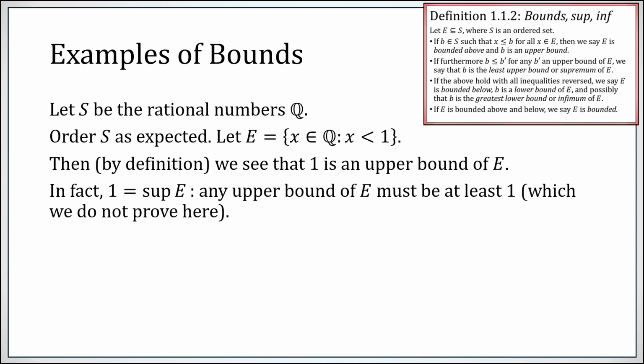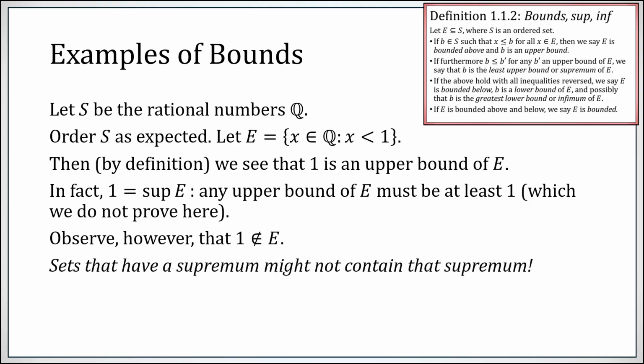Anything that is bigger than all rational numbers less than 1 must itself be at least 1. Okay, we're not going to go through the proof of this, but if all rationals less than 1 are less than some number, that number cannot also be less than 1. So 1 is not an element of the set E, but it is, of all possible upper bounds, the smallest one. In other words, this set has a supremum.